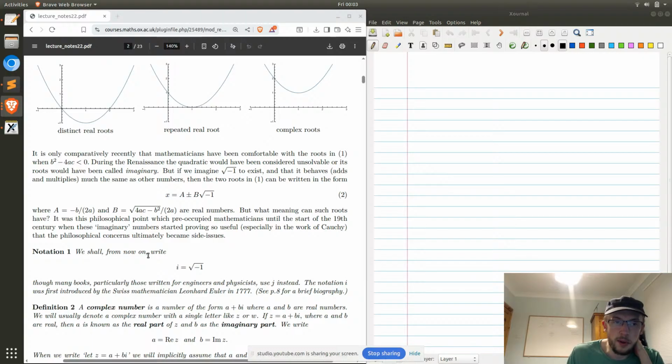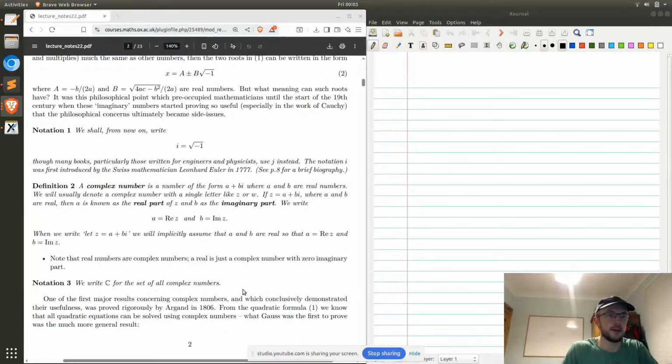We shall from now on write i to stand for the square root of -1, though many books, particularly those written for engineers and physicists, use j instead. The notation i was first introduced by the Swiss mathematician Leonhard Euler in 1777.